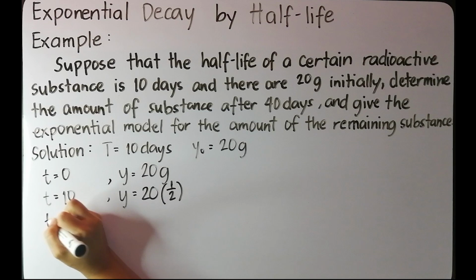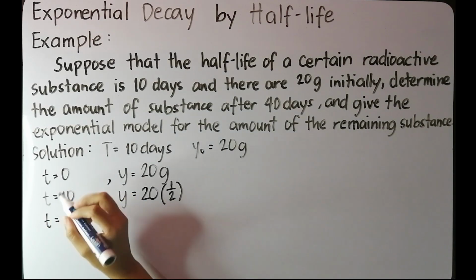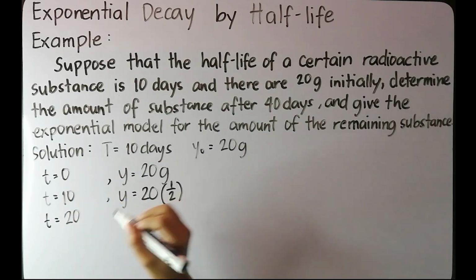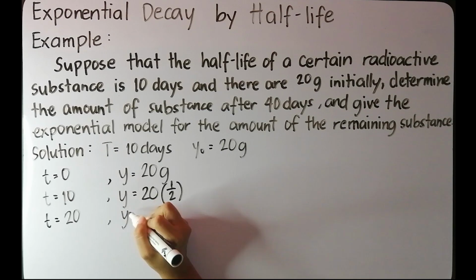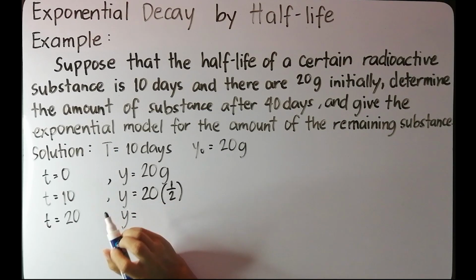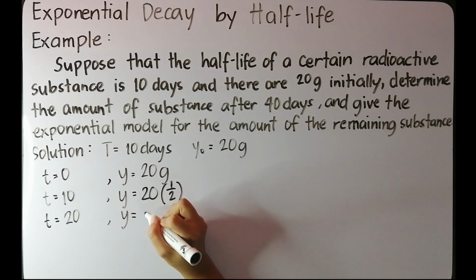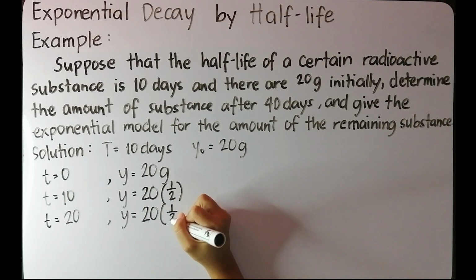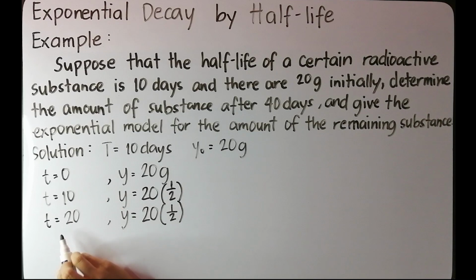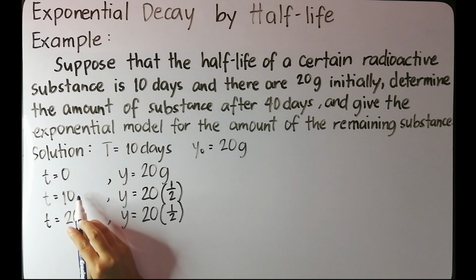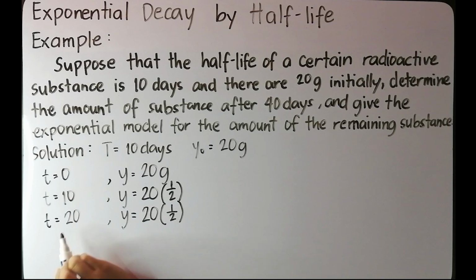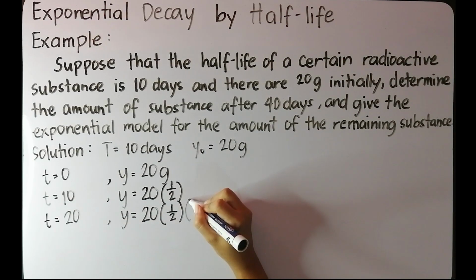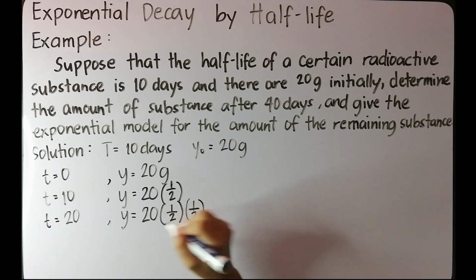What if the time doubles, so you have 20 days? Your y, the amount of the remaining substance, will be 20 times 1/2, and since your time doubles, because 10 times 2 is 20, you will still multiply your value by 1/2.